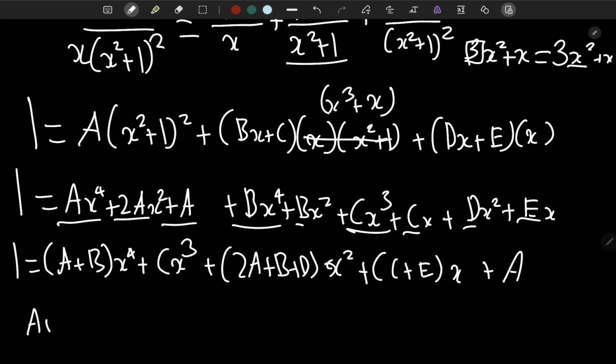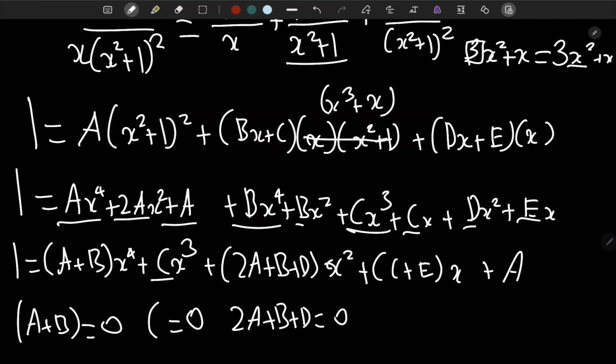So a plus b is gonna be equal to 0. For x3 is gonna be the same, but we only have a c here, so c is equal to 0. For x2 we don't have a coefficient again, so 2a plus b plus d is equal to 0.